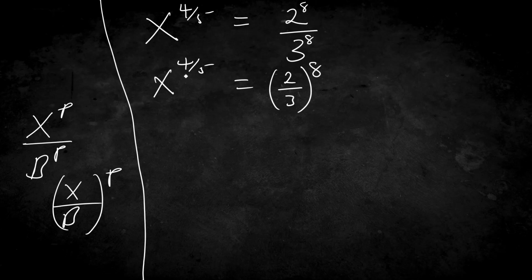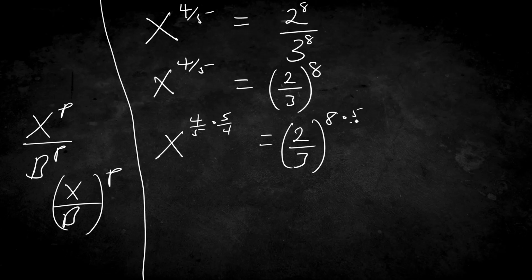Now we need to solve for x. So let's dissolve the power here. The power here is 4/5, so we can dissolve it by multiplying both sides by the opposite of this. So this side will be 5/4 times 4/5, so this one will cancel, this one will cancel.